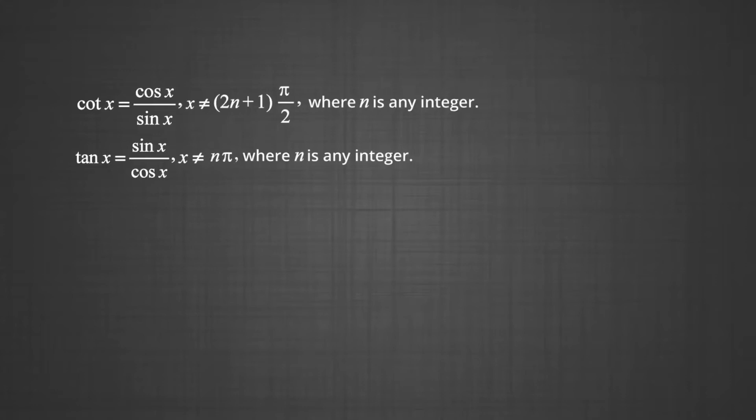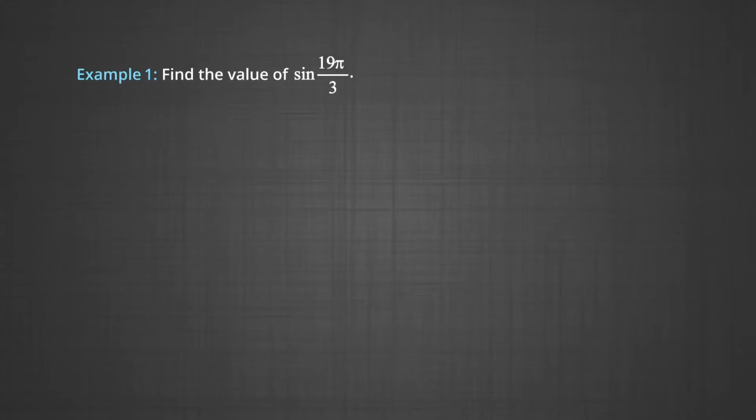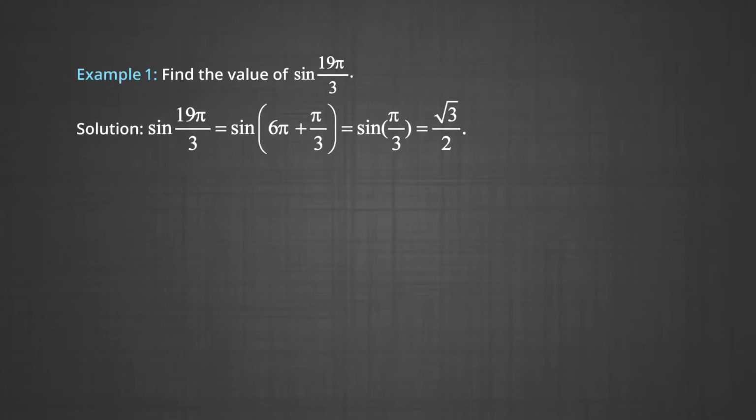We will now take some examples to understand the concepts which we have done. In example 1, we have to find the value of sine of 19 pi by 3. Now, sine 19 pi by 3 can be written as sine of 6 pi plus pi by 3. 6 pi completes 3 revolutions.